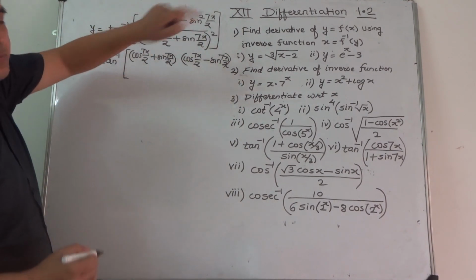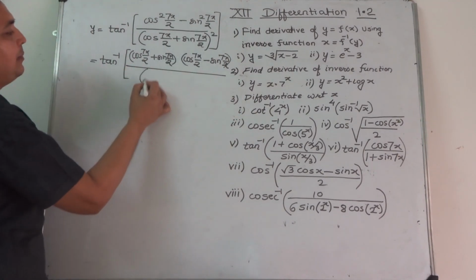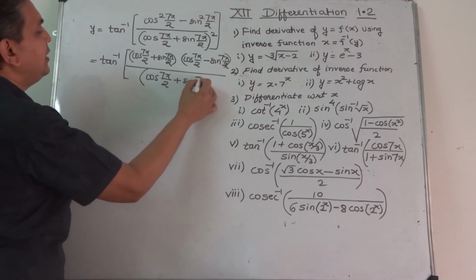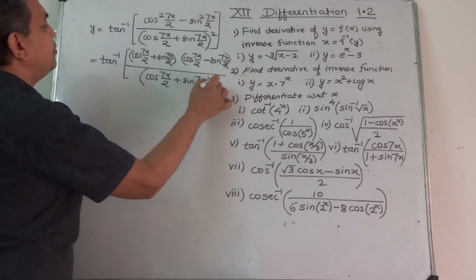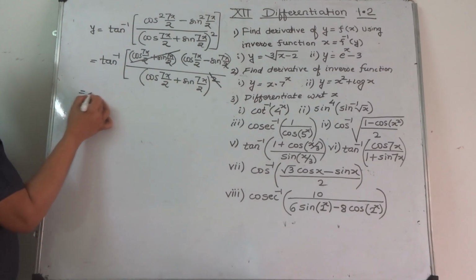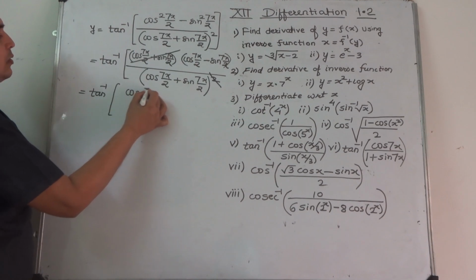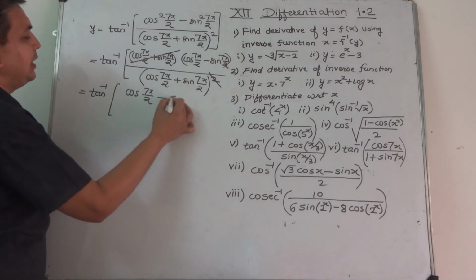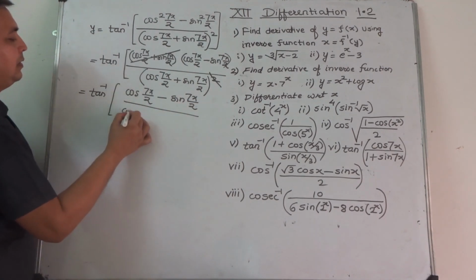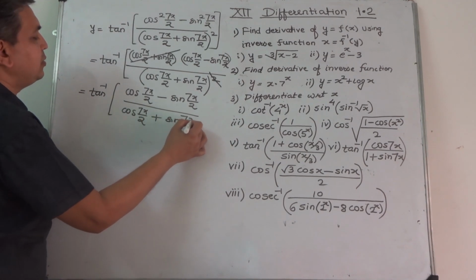A square minus b square is a plus b, a minus b, upon the denominator, cos 7x by 2 plus sine 7x by 2 whole square. So one bracket with plus will get cancelled and we are left with tan inverse of cos 7x by 2 minus sine 7x by 2 upon cos 7x by 2 plus sine 7x by 2.